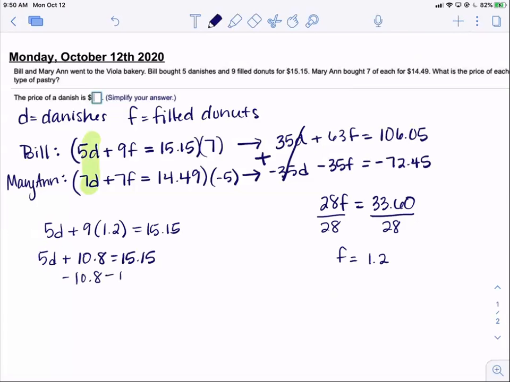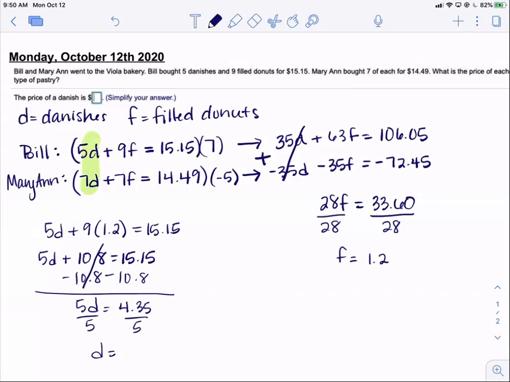Subtract 10.8 from both sides. So 5D equals, oh, how about 5D, not 58? $4.35. Divide by 5 on both sides.